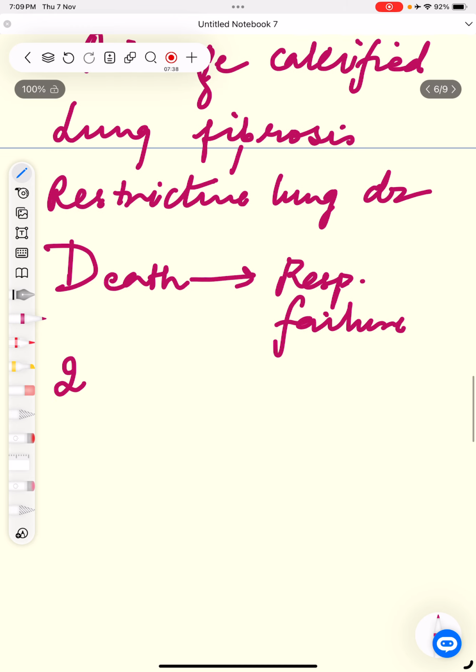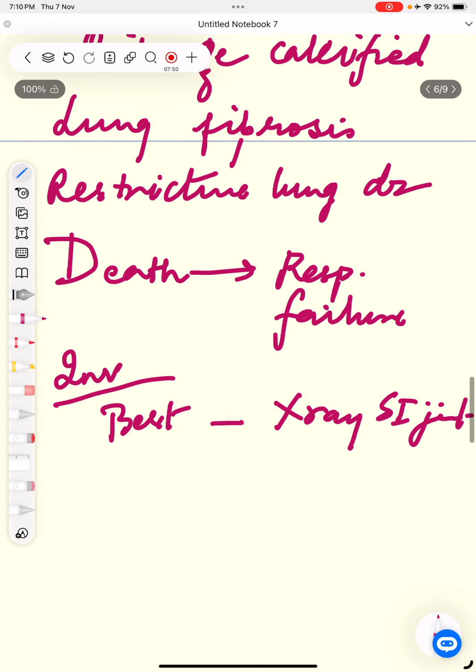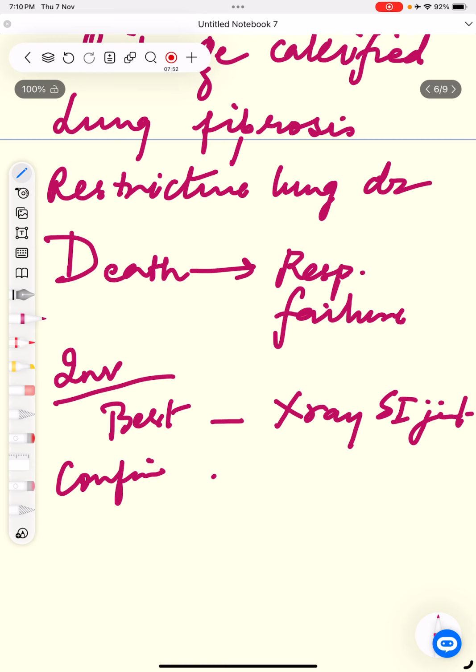Now, if we talk of investigations, I told you that the best initial investigation is an X-ray of the SI joint, because that is the commonest and the earliest joint affected. And of course, to confirm, we can go for the MRI.